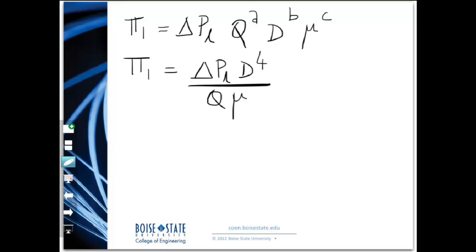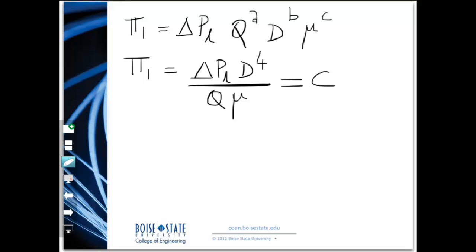And whenever you end up with one pi group, whatever this quantity is, it's equal to some constant C. Okay, and you can look at an example as well in the text for creeping flow where the Reynolds number is less than 1 or it is really small.